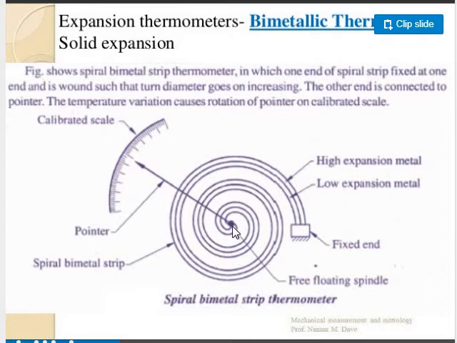So the spindle can float throughout the spiral bimetallic strip, and this spindle is in turn connected to the pointer which moves over the calibrated scale.